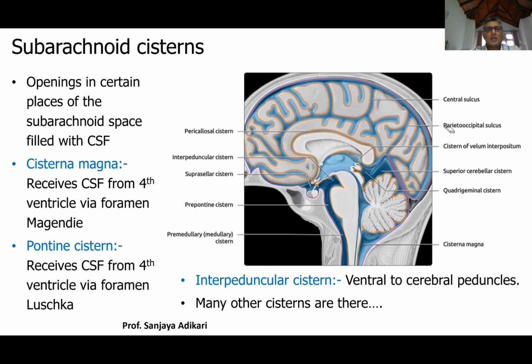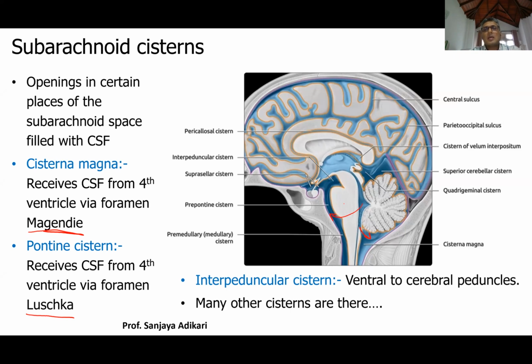One foramen is called foramen Magendie, which releases CSF into the cisterna magna. Then you have the two foramina of Luschka, and they release CSF from the fourth ventricle into the pontine cisterns. Somewhere here. So think of it like 3D.